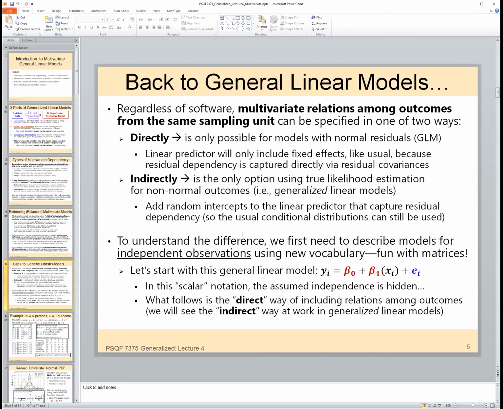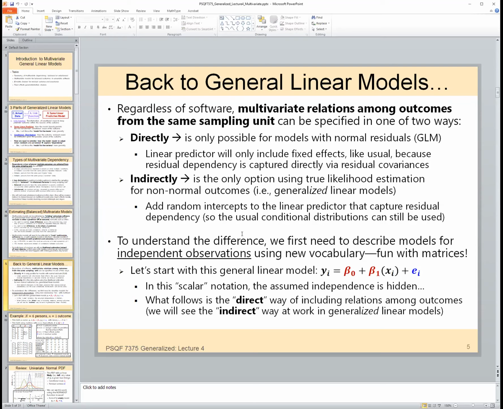All right, so how are we going to put relations in the model between the outcomes from the same unit? I'm going to say people to start with, but it's also the same family, the same group, to the extent that the observations are balanced. Like you might have one boss and one employee, that would be an example of balanced.